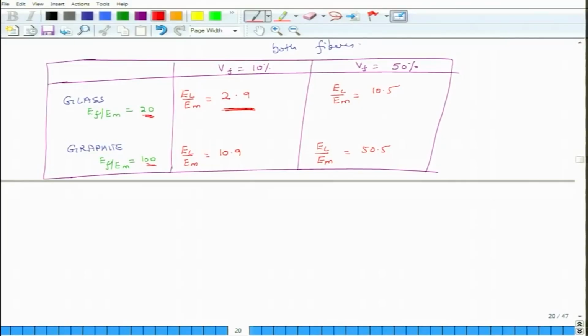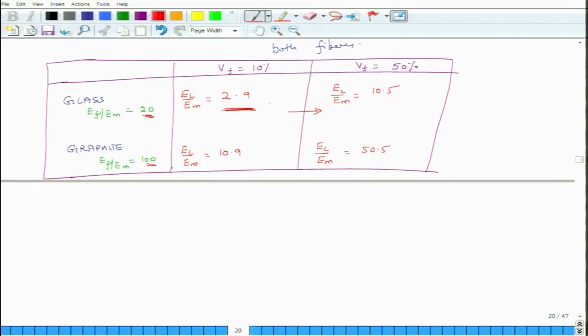So, even a small amount of fibers can rapidly increase the stiffness of the system, and then if you increase the fiber content, it increases the stiffness almost linearly.